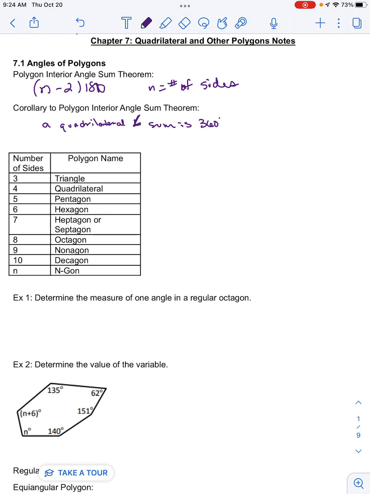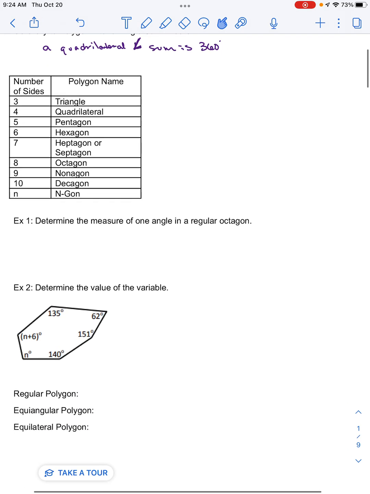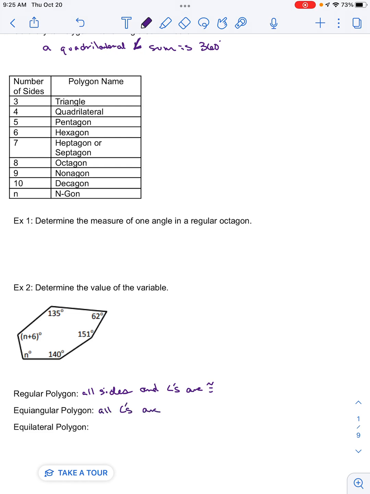I'm actually going to jump here a little bit to regular polygon, equiangular polygon, and equilateral polygon. I'm sorry, I should have put that up there before. A regular polygon is one where all sides and angles are congruent. Equiangular means all angles are congruent, and equilateral means all sides are congruent.